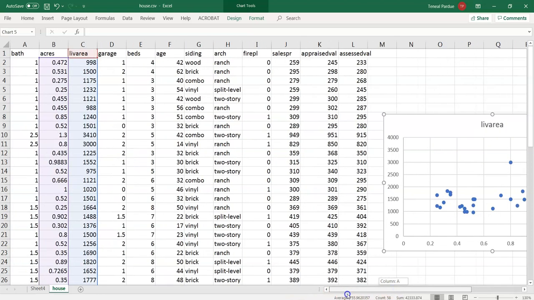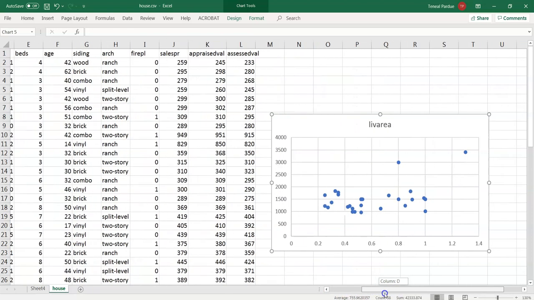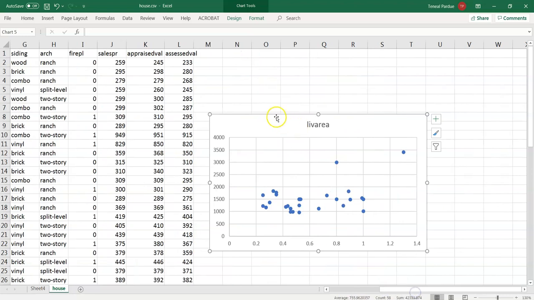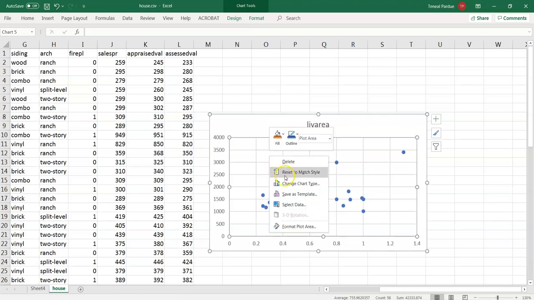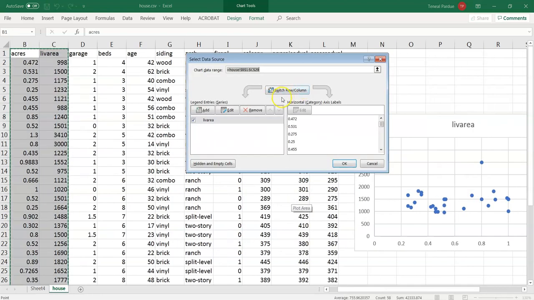If we wanted to switch those, it's tempting to go up here, right-click, go to Select Data and switch row and column.